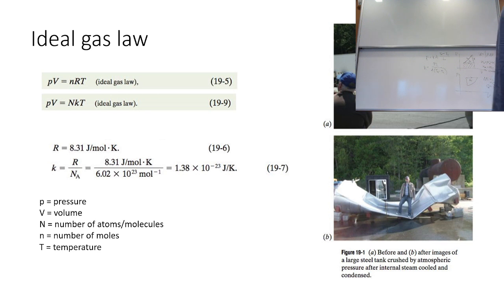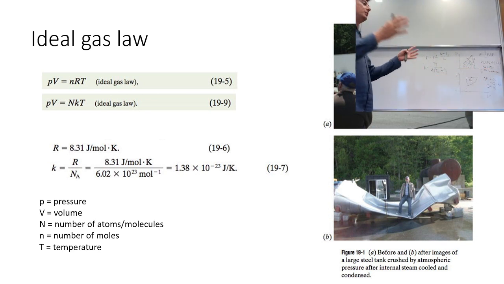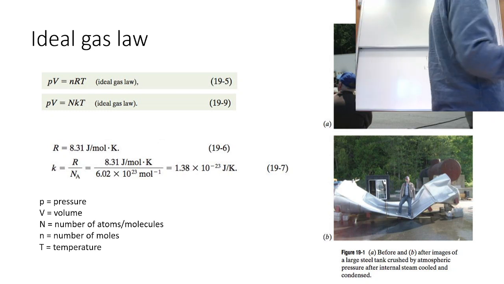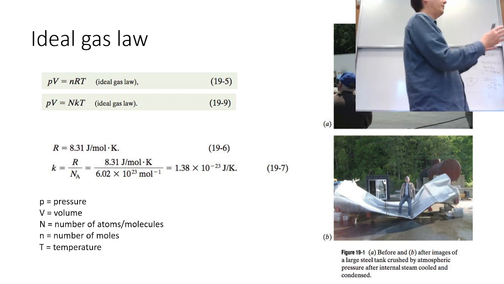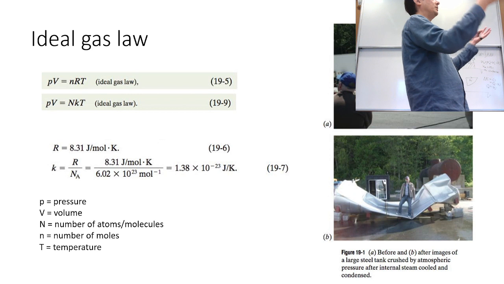Most of this makes sense in a way. If you imagine a container of gas and you increase the volume, then the pressure goes down. If you heat it up, then the pressure goes up. Or if you have a flexible container and you heat up the gas, then it will expand.